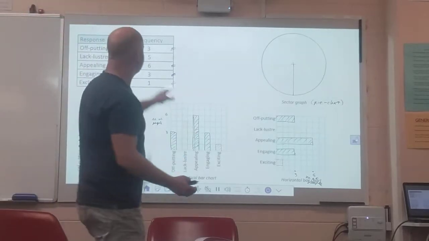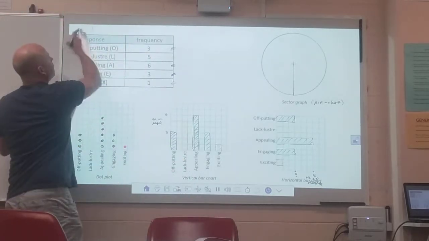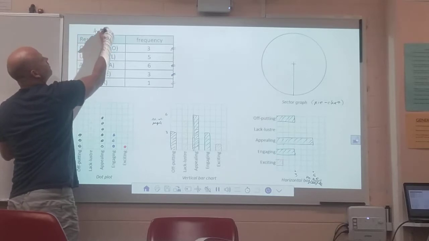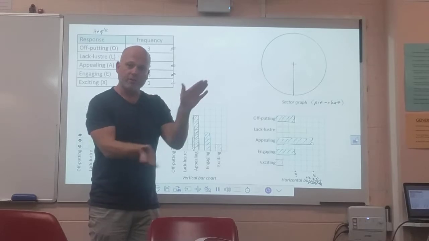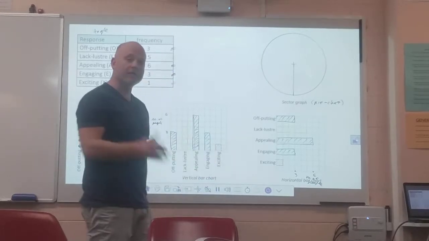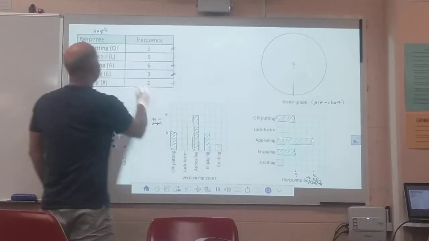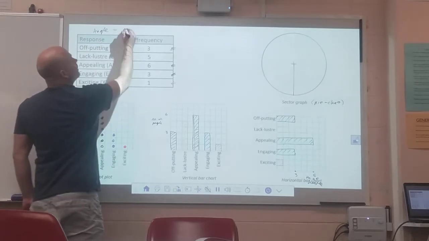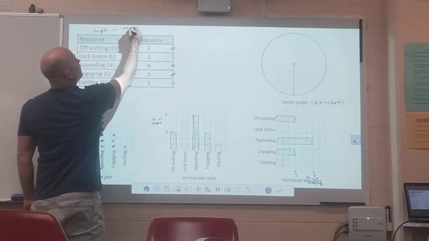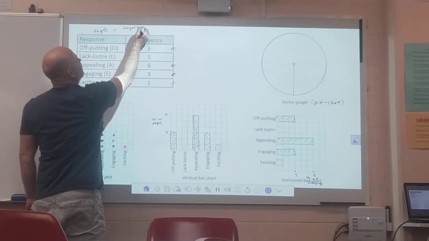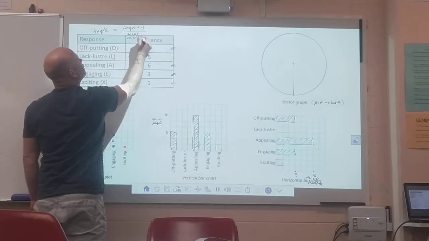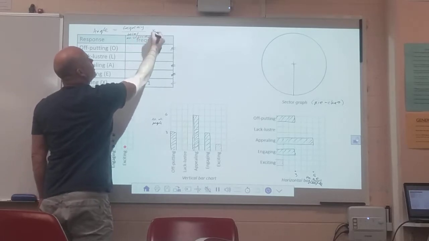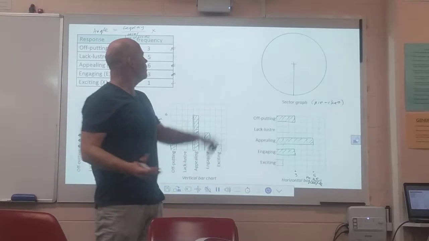We want to know what angle each of these responses will take up on the pie chart. They'll take up a certain angle of the pie chart, and we need to work that out. So the angle is equal to the frequency divided by the total number of scores multiplied by, I wonder what that number will be.